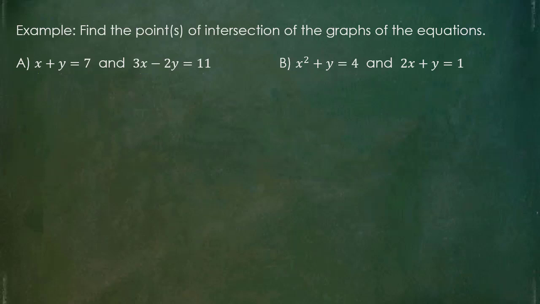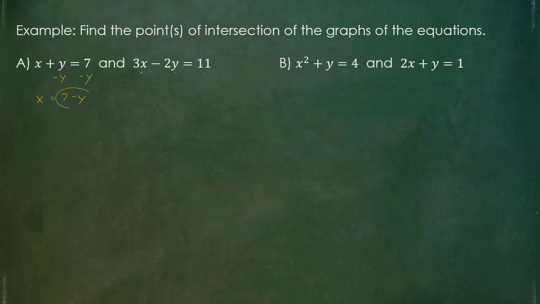Looking at my two options in 3x minus 2y, plugging in for the x might be easier than plugging in for the y, because y has that -2 as a coefficient. So I'm going to isolate x in the first expression by subtracting y over, which gives me x equals 7 minus y.